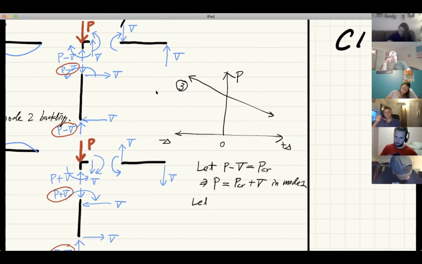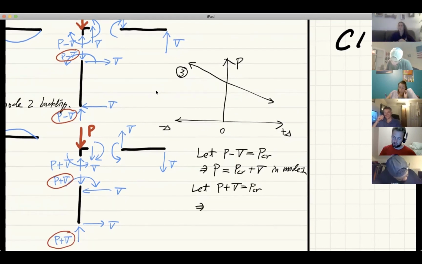Now in mode 2, you have P plus V equals PCR. What's PCR? PCR is the inherent property that has something to do with the column, with the materials, with the length, with the geometry, with the boundary condition. But in this case, we are not changing boundary conditions, so everything is pretty much the same. In order to fail this column in mode 2, P will have to be PCR minus V. So the actual value you apply to this column is actually reducing after buckling.